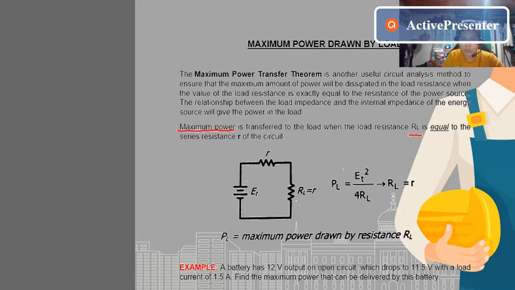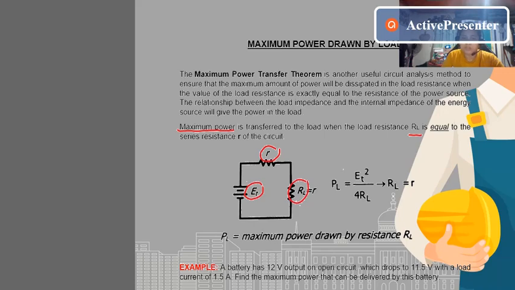We have our total voltage and the internal resistance, small letter r, and in series with it is RL, the load resistance. So in maximum power, the load resistance is equal to the series internal resistance.